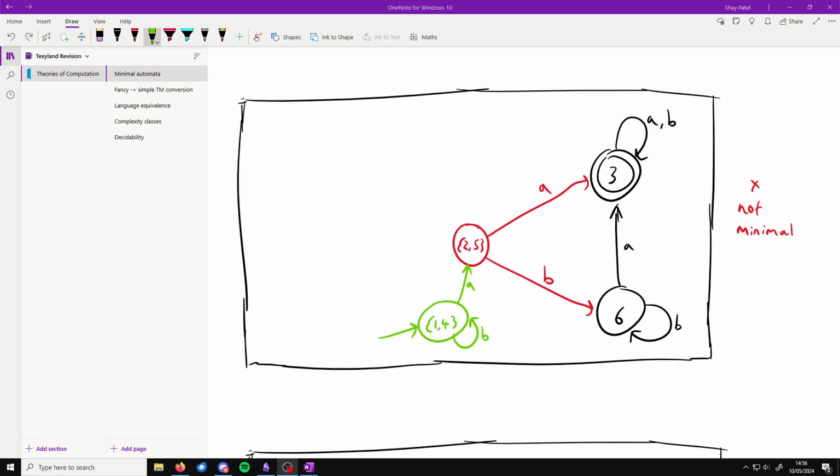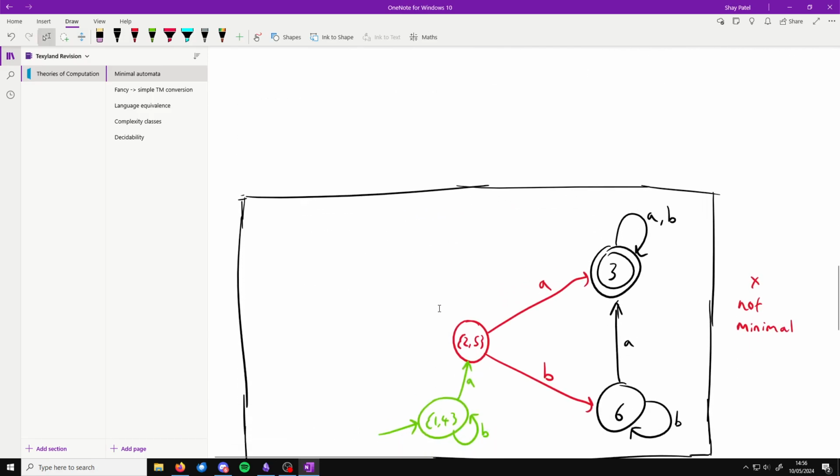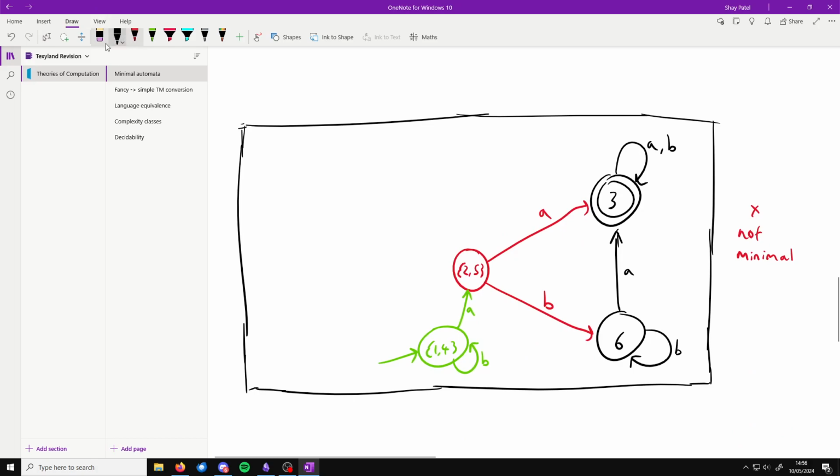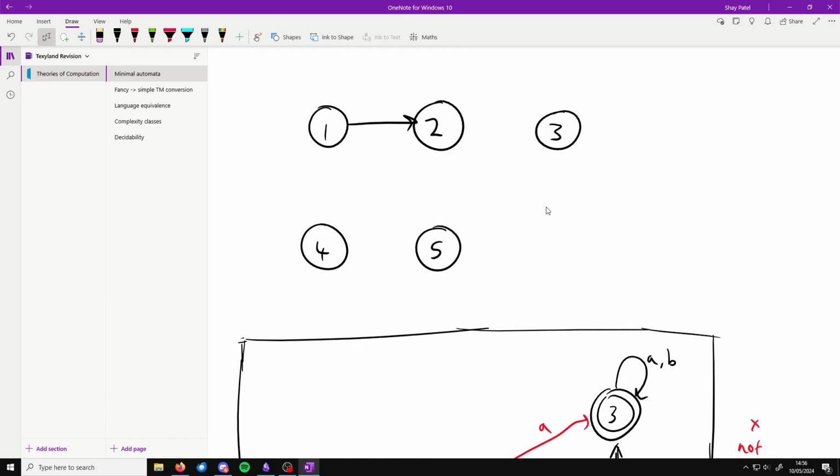Could you show the initial DFA? Yeah, in hindsight, I probably should have. Let me get the initial DFA back. So the initial DFA was... let's try and reconstruct it. Okay, so we had 4 down here, we had 1, we had this going to 2, I believe, and then we had 5, and then we had 3, and then we had 6.